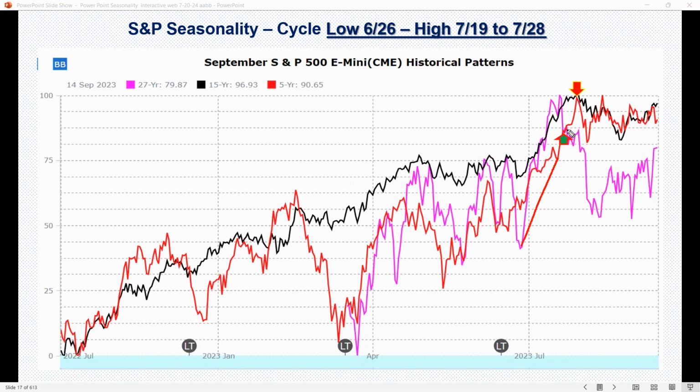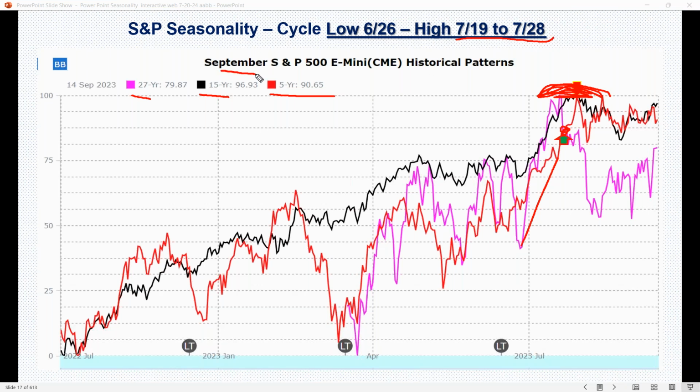Now, we're right about here. You can see we're pretty much close to the top of this particular seasonal trend, with data going back 5 years, 15 and 27 years. So we're very close to a seasonal turning point. It tends to happen right about where we are, the 20th to the 28th of July.